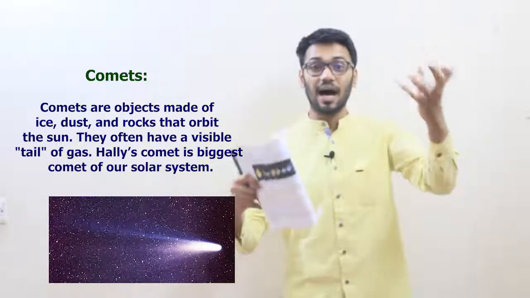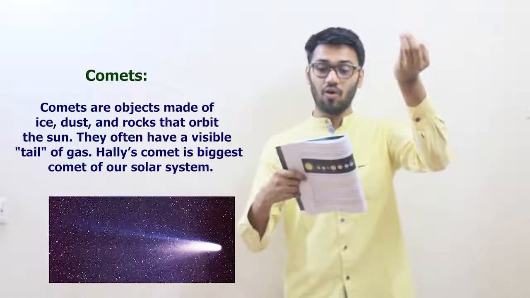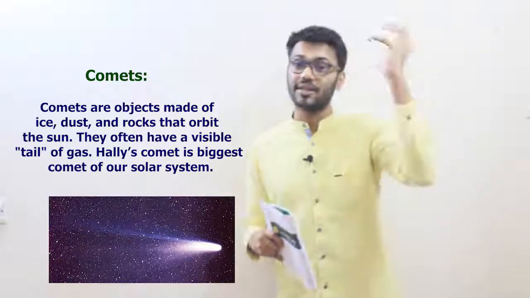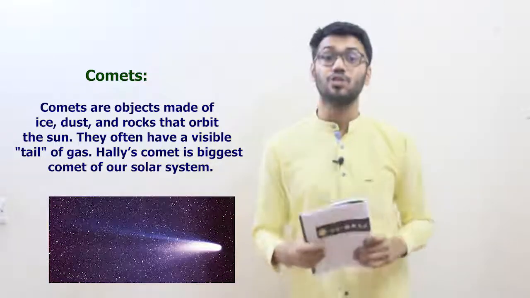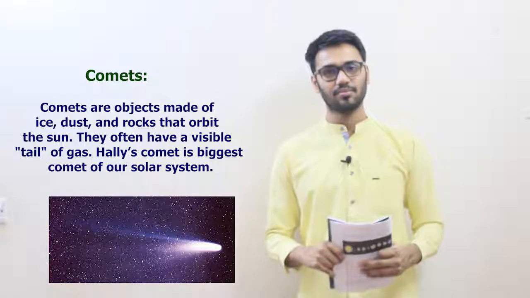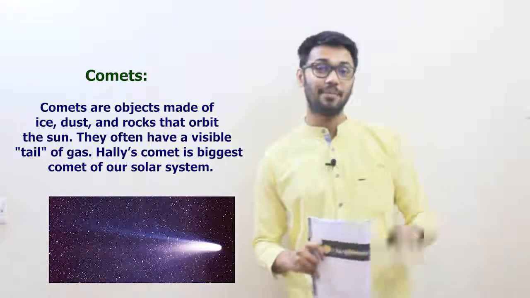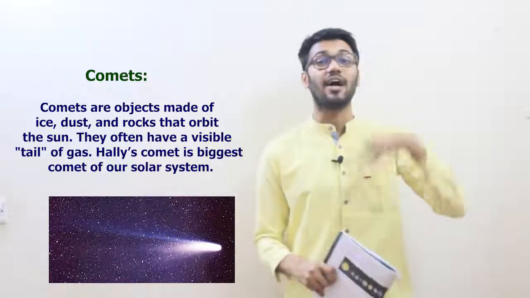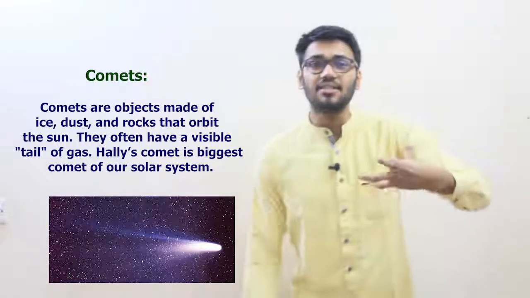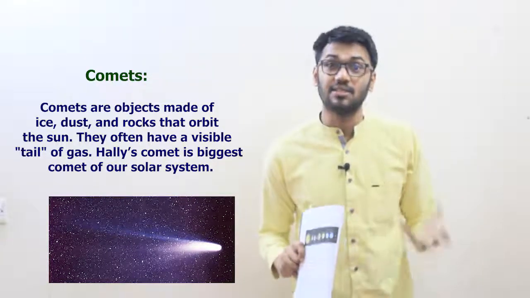Now, these ice, dust and all other things that keep orbiting our sun, we call them the comet. We have seen some comets that are orbiting our solar system. This comet has a gas tail.